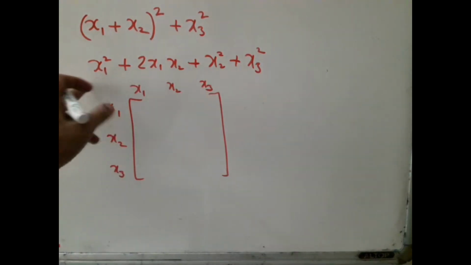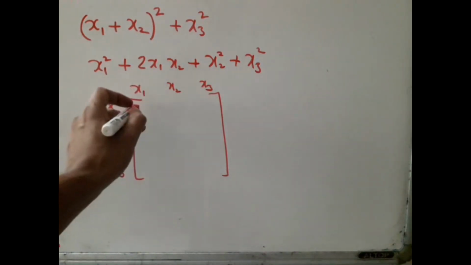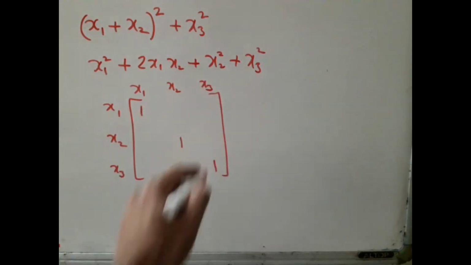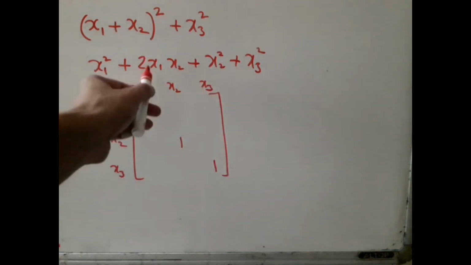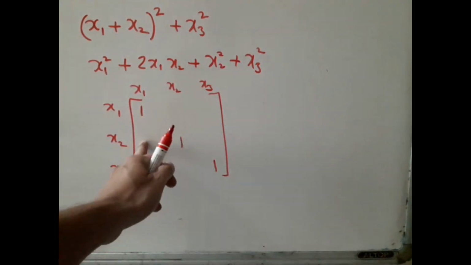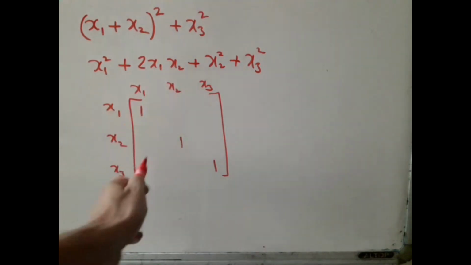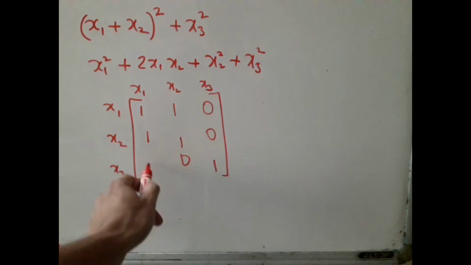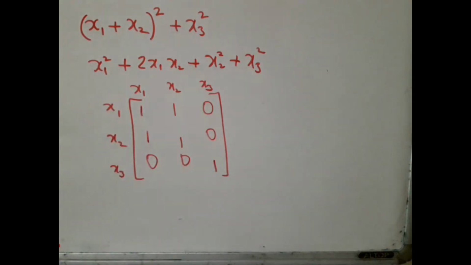Then the coefficient of x1 square, x1 there is 1, coefficient of x2 square is also 1. Similarly for coefficient of x3, coefficient of x1 x2 is 2, split them up over these two entries, x2 x1 and x1 x2, each of them gets 1, no other entry. So here is a real symmetric matrix which is non-negative definite.